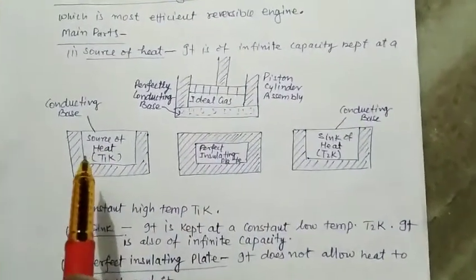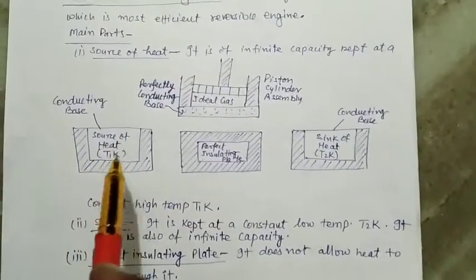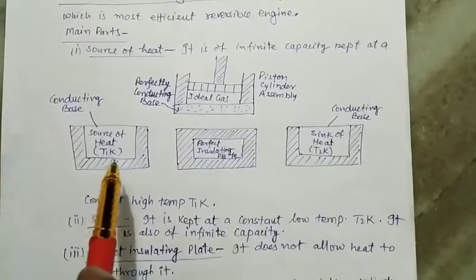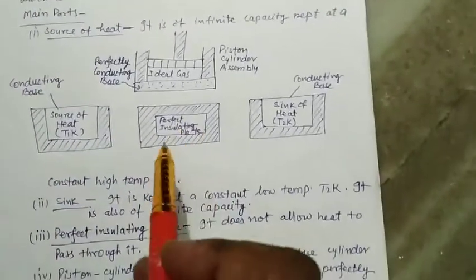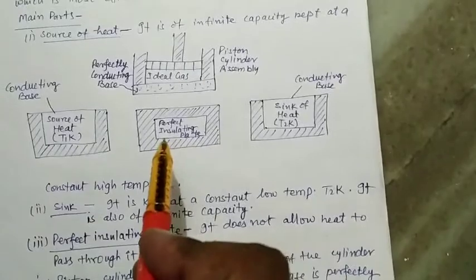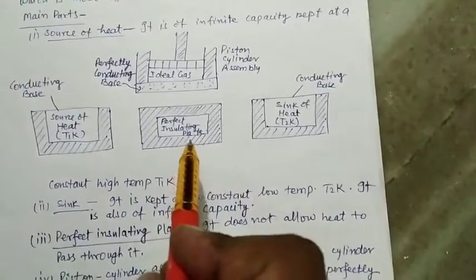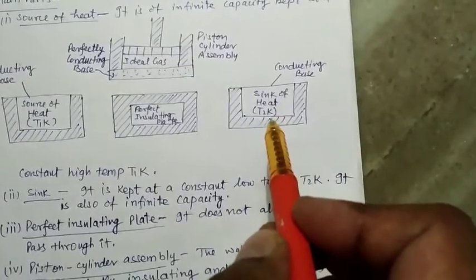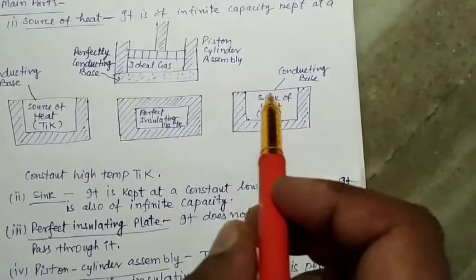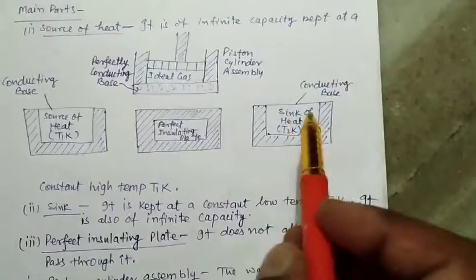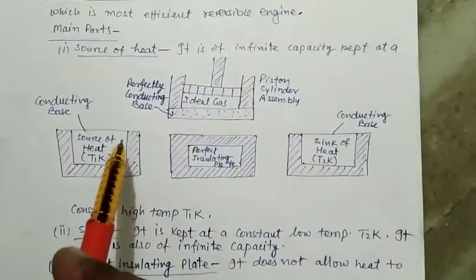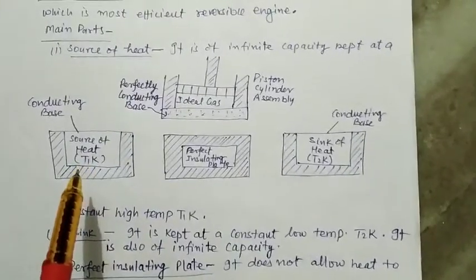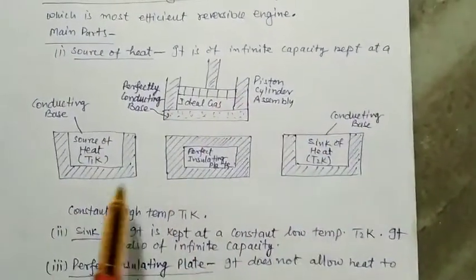The other part is the source of heat at high temperature T1 Kelvin, it remains constant. The other part is the perfect insulating plate, and the last part is the heat sink at lower temperature T2. This is the conducting base of the sink and this is the conducting base of the heat source. These are the four important parts.